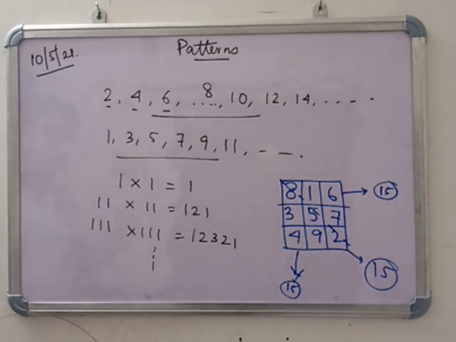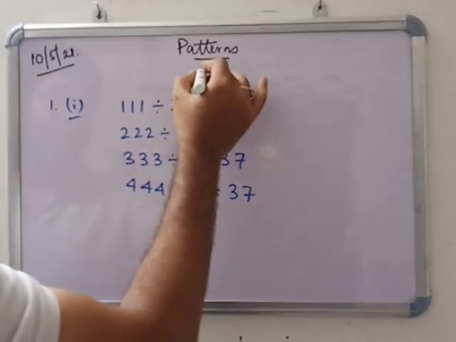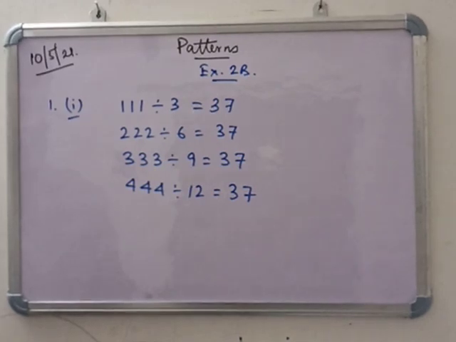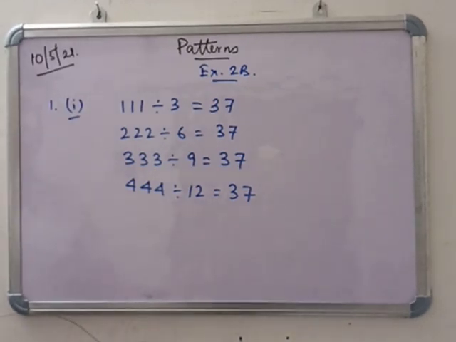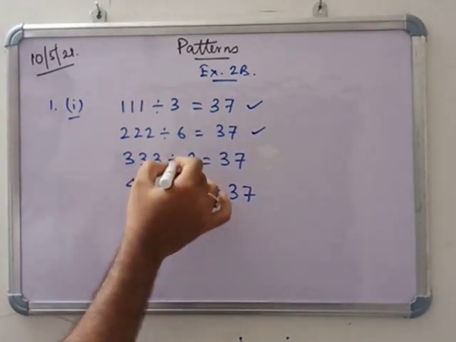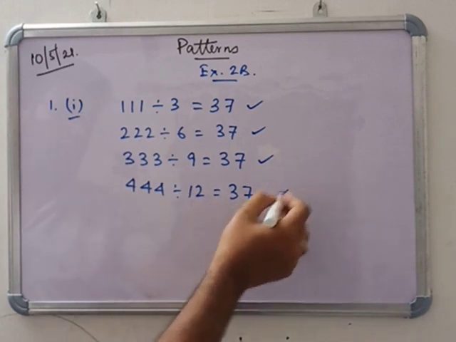Now we are going to discuss the exercise. See, in exercise 2b, 111 divided by 3 is 37. 222 divided by 6 is 37. 333 divided by 9 is 37. 444 divided by 12 is 37.